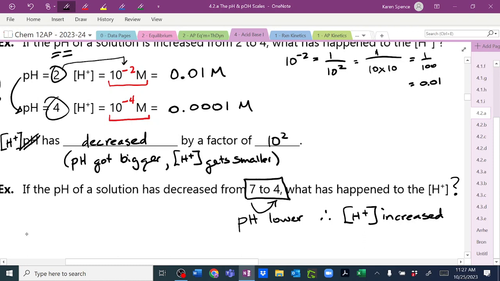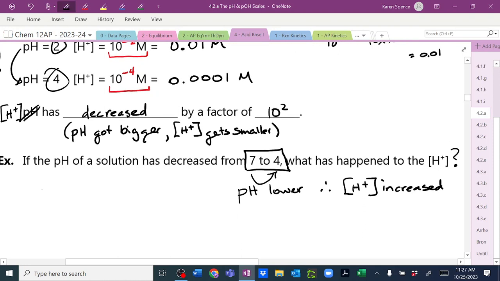And by how much did it increase? Well, 7 minus 4 is 3 units, so the pH changed by 3 units.